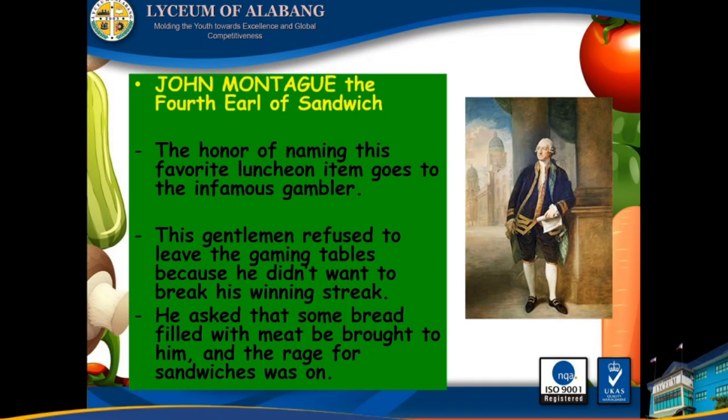Because Montagu also happened to be the 4th Earl of Sandwich, others began to order the same as a sandwich. The original sandwich was, in fact, a piece of salt beef between two slices of toasted bread.